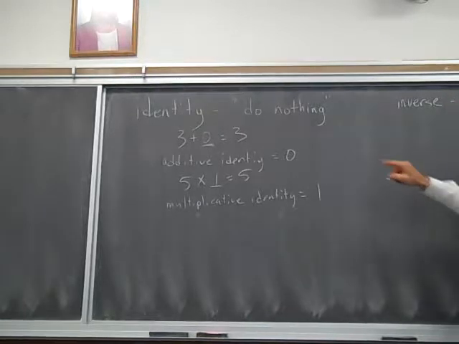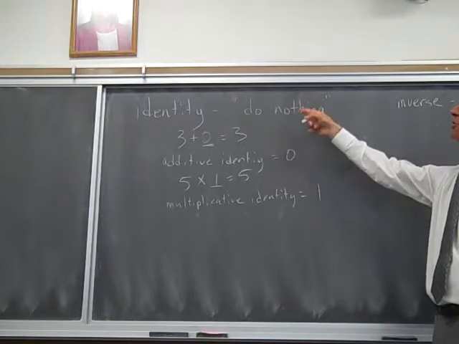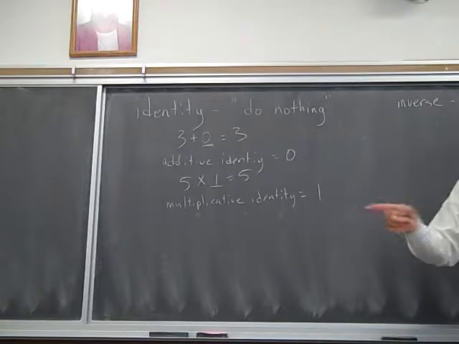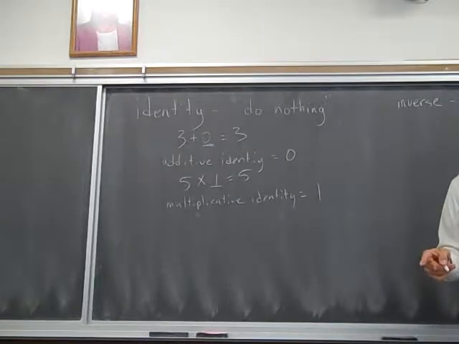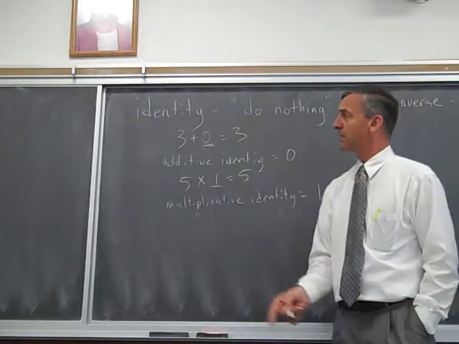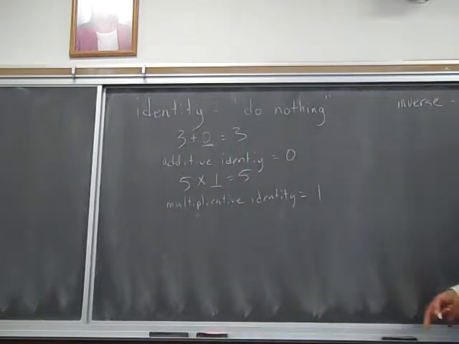What's the definition of inverse? This is our definition of identity. It's the do nothing. No matter what operation you're using, no matter what elements you're using. Here we're using the numbers, but the element could be a number, but it could be something besides a number.